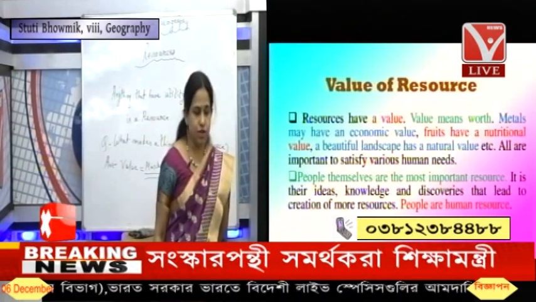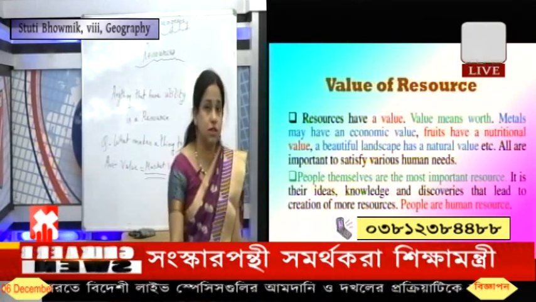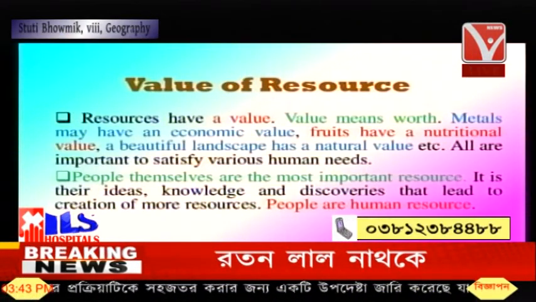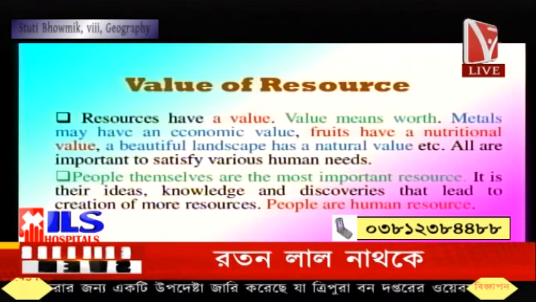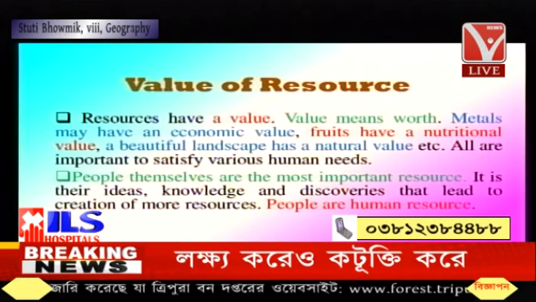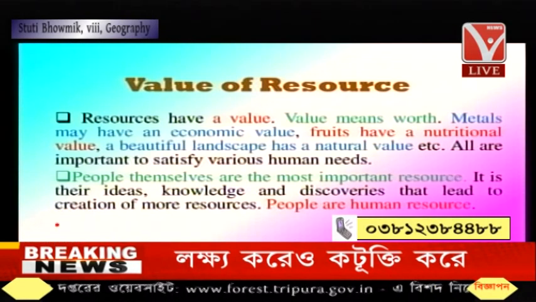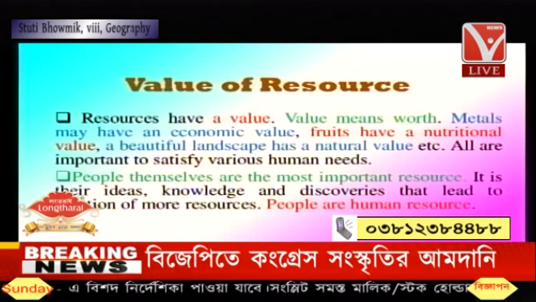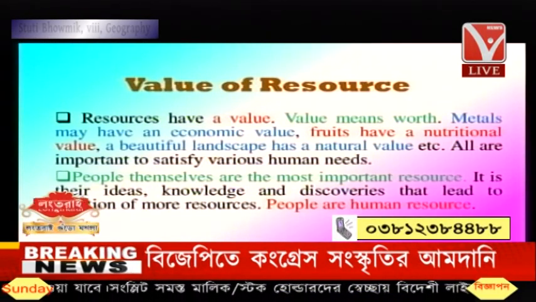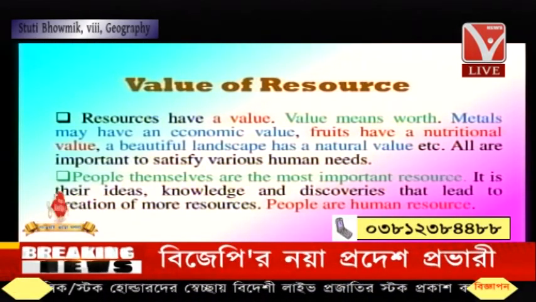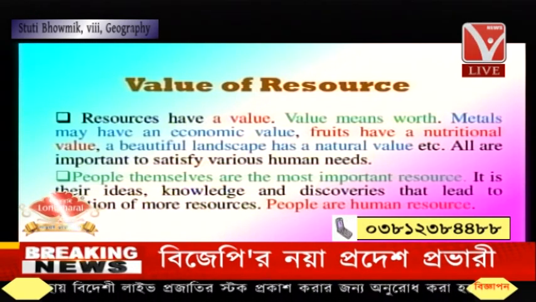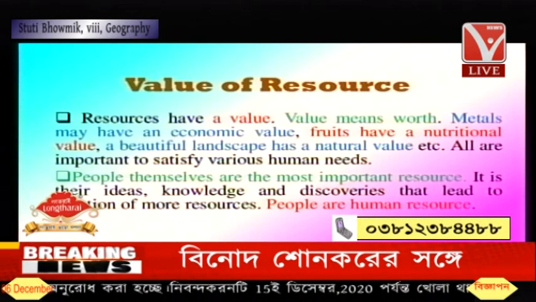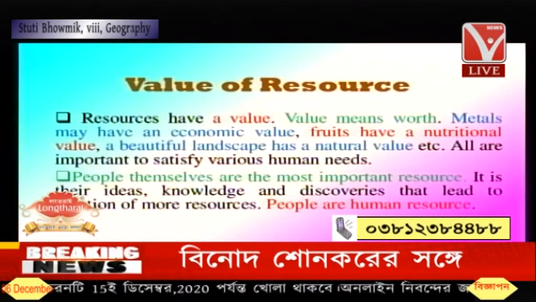Resources have a value, and value means the worth of it in the market. Then we see that metals have an economic value, fruits have a nutritional value, and a beautiful landscape has a natural value. All are important to satisfy various human needs. Human needs are of various kinds, and these various needs are satisfied by the availability of various resources.